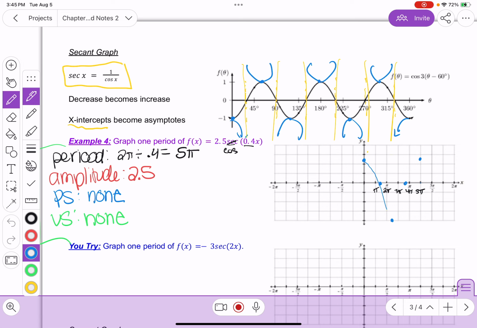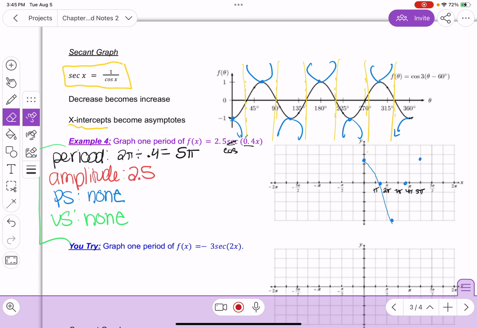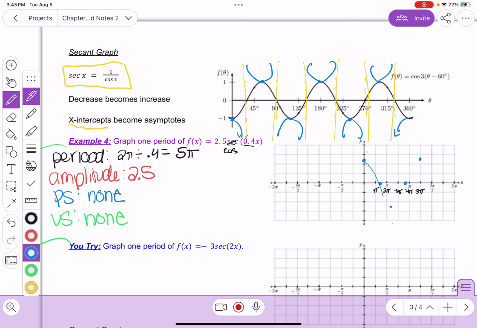Oh, that's 5. That's not 2.5. 2.5 is here. So that would be our cosine graph. And if I did it again, 6, 7, 8, 9, 10. So that would be our cosine graph.